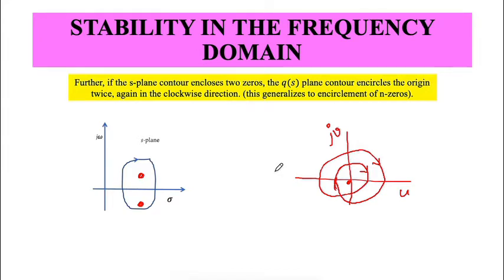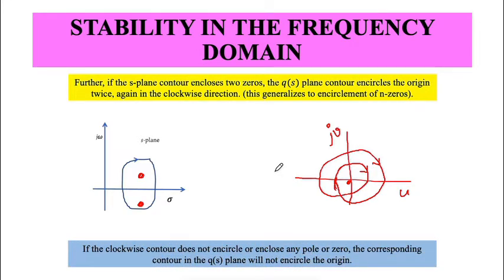Now lastly, if the contour does not enclose any pole or zero, as I said earlier, I will just be here and I will not trouble anything. So it will never encircle the origin. That is what the Q map tells me.